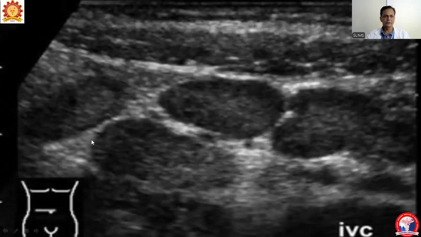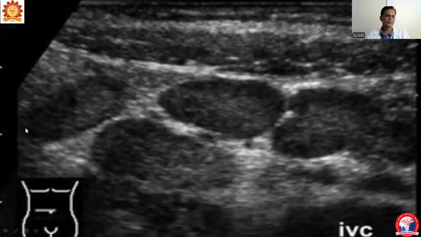Secondary to appendicitis, we get to see many times right iliac fossa lymphadenopathy. It is more common in children. Here we are seeing, first on the ultrasound sonography image, multiple enlarged lymph nodes in the right iliac fossa.